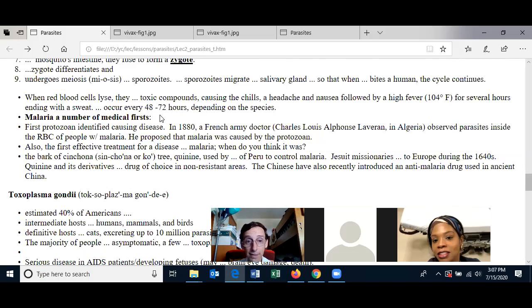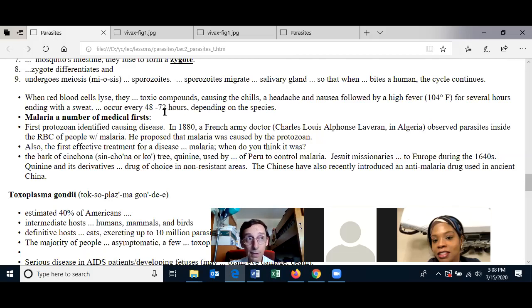And that lysing of the red blood cells happens, depending on the species, every 48 to 72 hours. And another thing is the lysing of the red blood cells and the releasing of the parasite into the blood happens when the mosquitoes are most active.